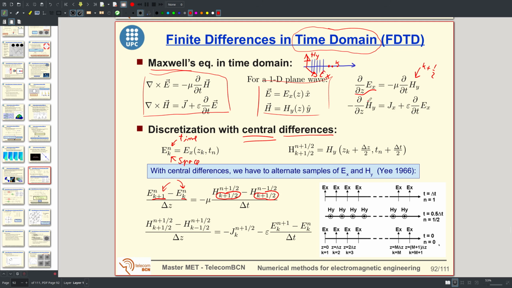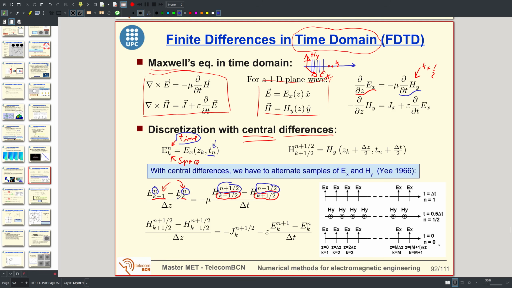Now we must also discretize the time derivative. Let's change the color for the time derivative, blue color, so time will be blue. In blue we have the time derivative of h, which we have to compute at t_n. So using a central difference scheme, we must subtract the sample at n plus 1/2 minus the sample at n minus 1/2, and we get the derivative at t_n.